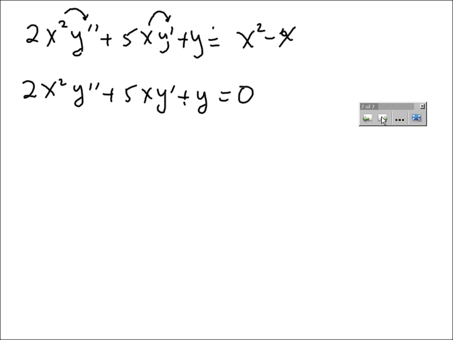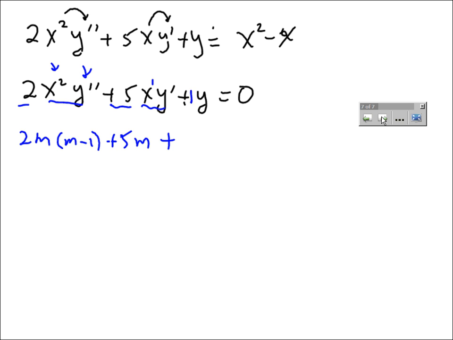Let's find the solution to this homogeneous. Since the second equation is Cauchy Euler, what we can say is 2 x squared y double prime. Since that's 2, I'm going to write down two numbers, m, and then the number right below it, plus 5, and that's Euler. Since the power of x is 1, just write down one number.